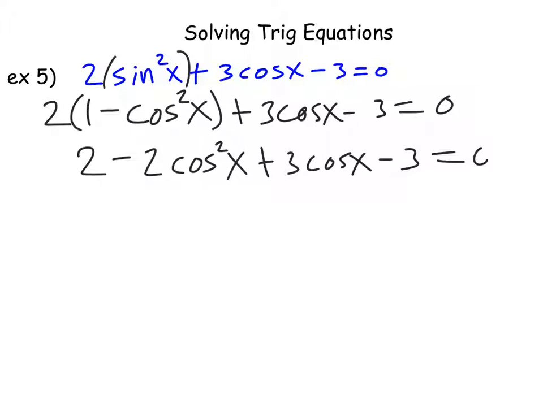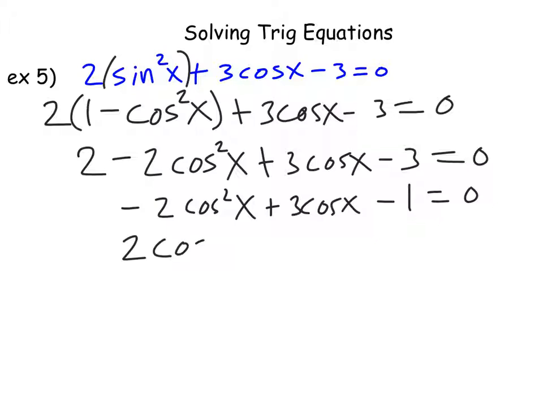See, the last term here would become minus 1 after we add 2. We would have negative 2 cosine squared plus 3. I'm not really thrilled with the negative sign out front, which I could, when I'm solving, switch so long as I switch the middle and then switch the last.